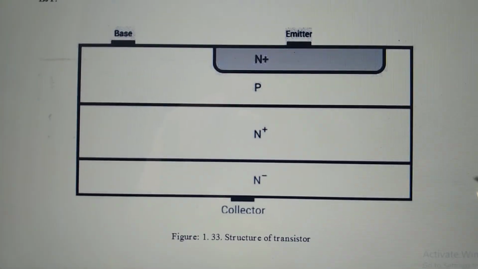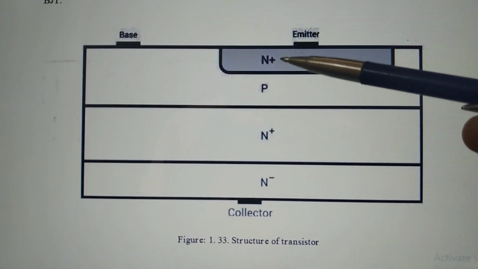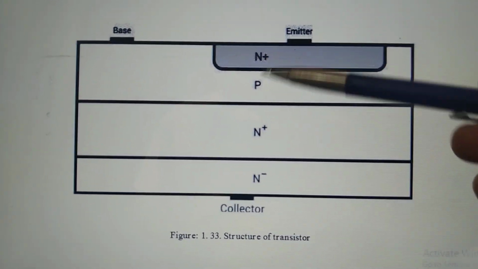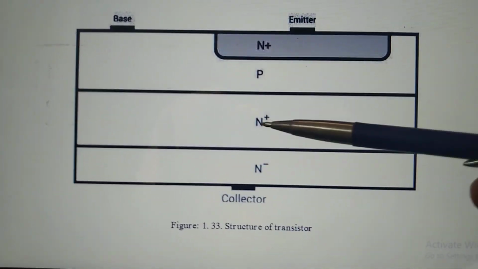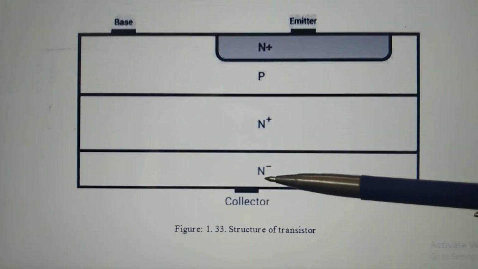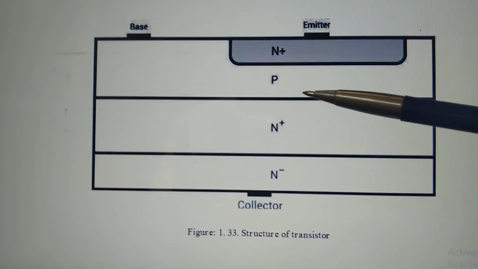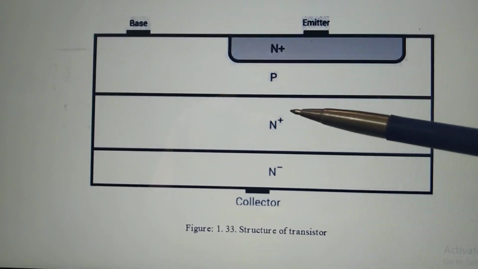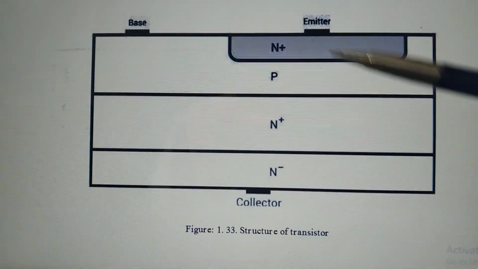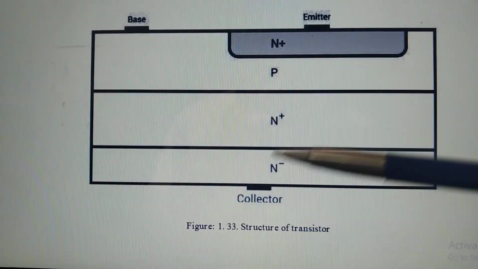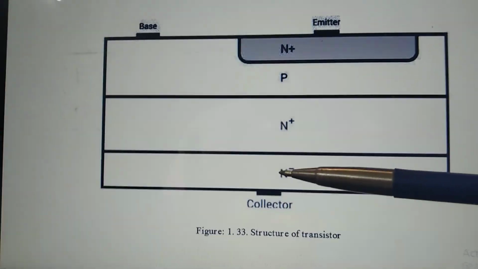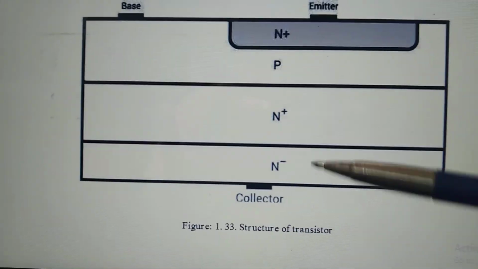But in this Power BJT, we can see this is N plus region, this is a P region, N minus region and N plus region. So this structure is different as compared to the normal BJT. All these things have been done to increase the current handling capacity and power handling capacity.